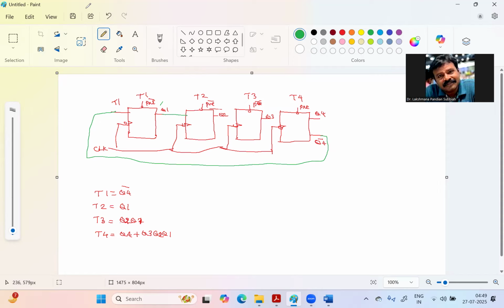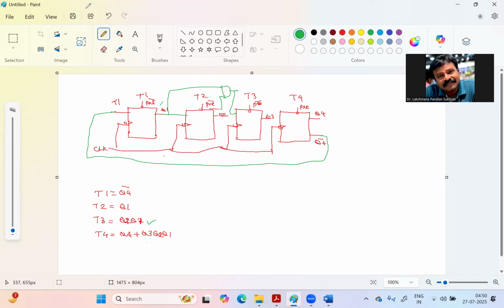And then T3 equal to Q2 Q1, so you take Q1 and Q2, you make an AND gate, and then the result is going to give T3. So that is the case.